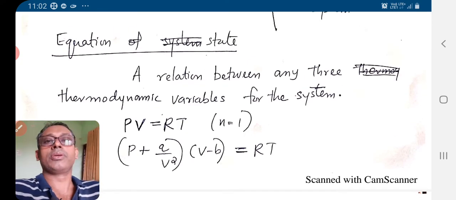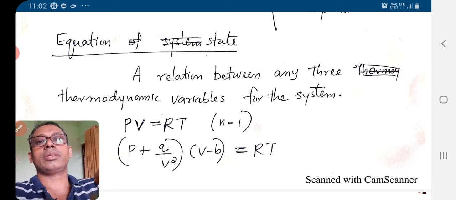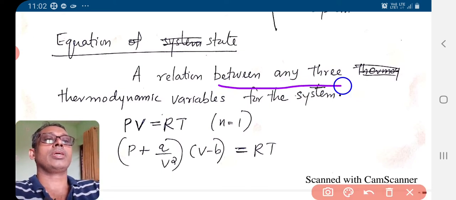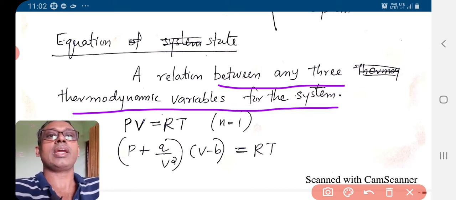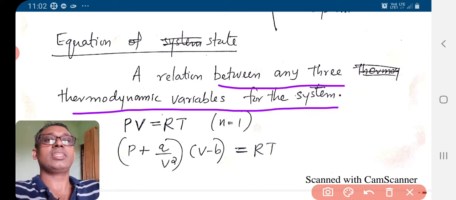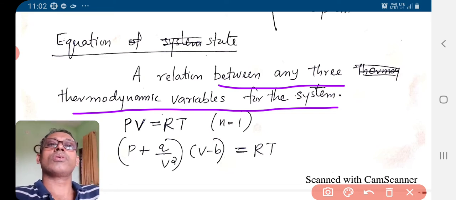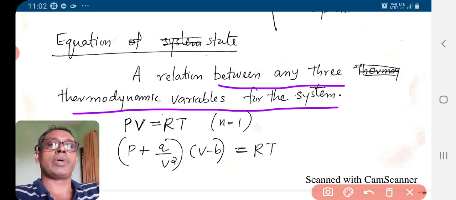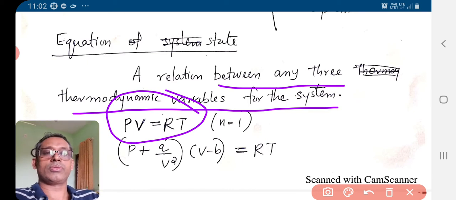What is meant by the equation of state? Any relation between any three thermodynamic variables of the system, a relation connecting any three thermodynamic variables of a system, is called the equation of state. For example, for a perfect gas, we all know we have the equation PV equal to RT.